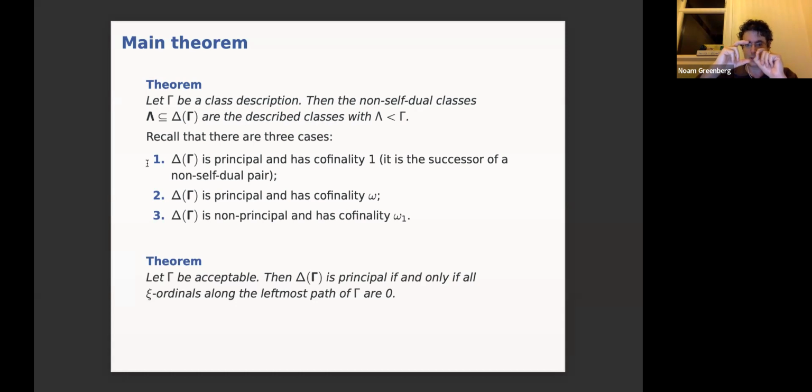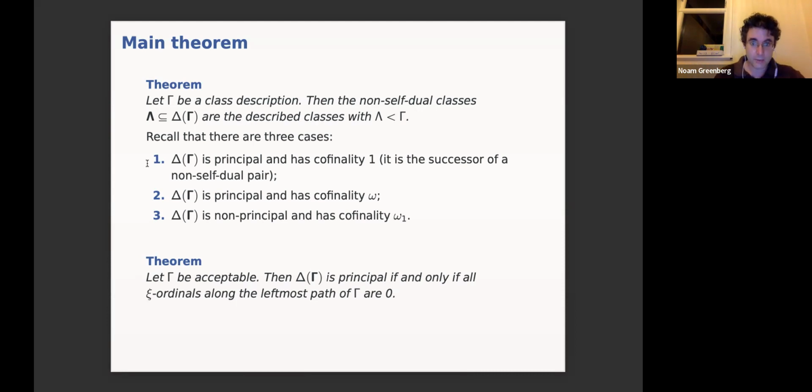Either it's a principal class and it is the successor of a different non-self-dual pair, or it is principal and it has cofinality omega, or it is non-principal, it's just the union of all the classes strictly below gamma, and then it has that list of classes as cofinality omega 1.